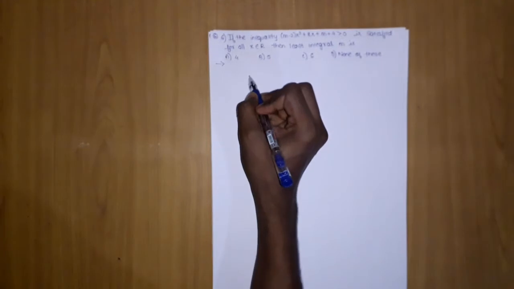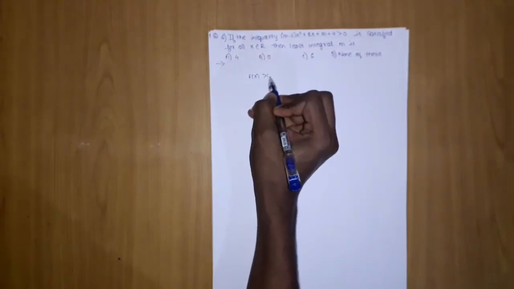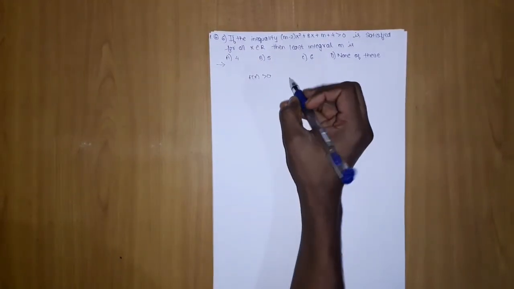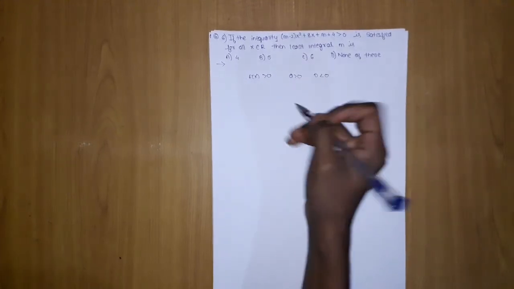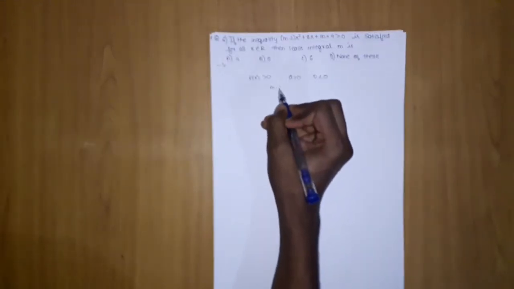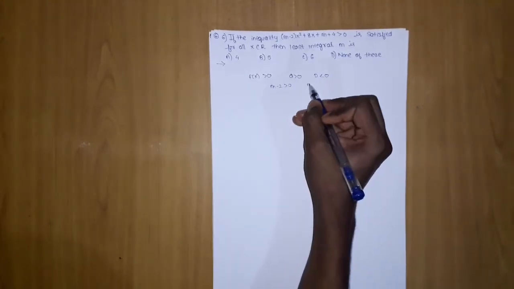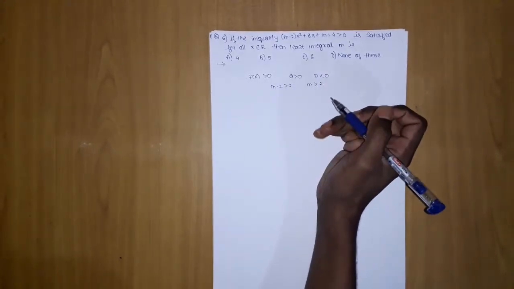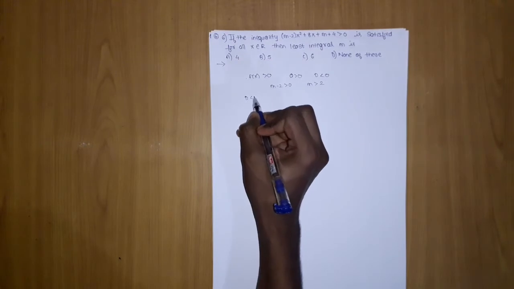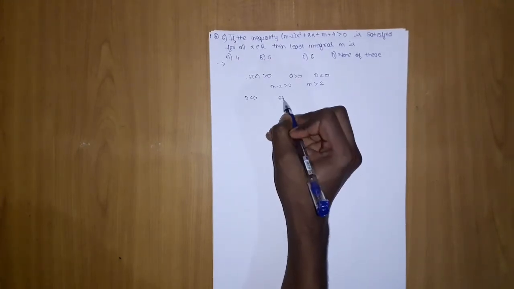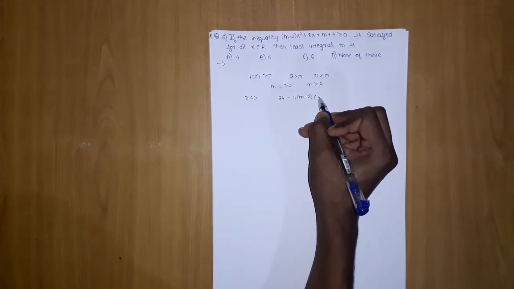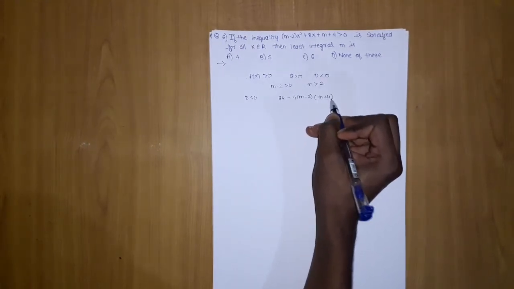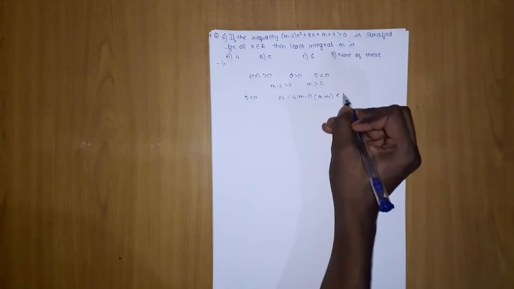Now the quadratic function f of x is greater than 0 for all x when a is greater than 0 and D is less than 0. So a is greater than 0, so m minus 2 should be greater than 0, so m should be greater than 2. Now let's apply D less than 0, which will be 64 minus 4 into (m minus 2) into (m plus 4), and that should be less than 0.